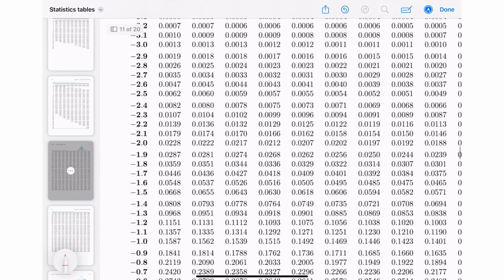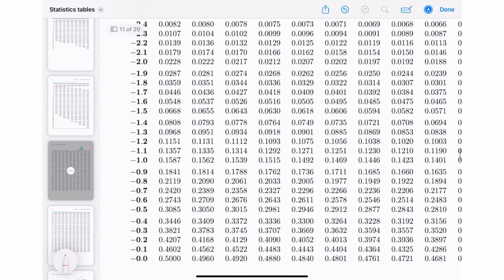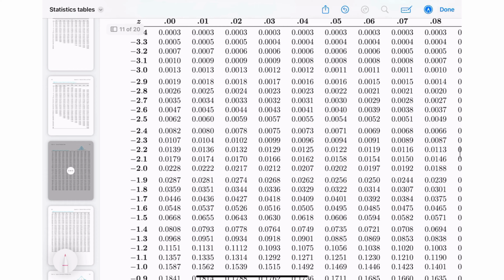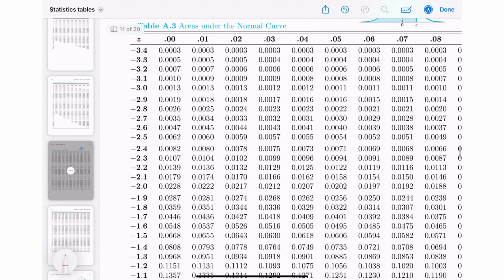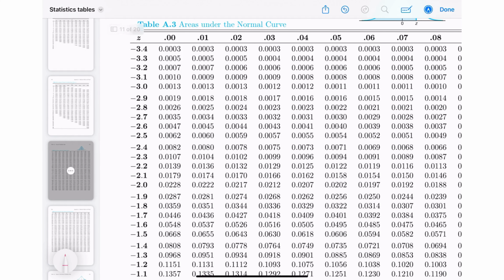So 0.025 is located at this one. It is negative 1.96.